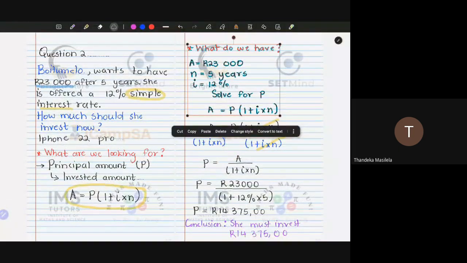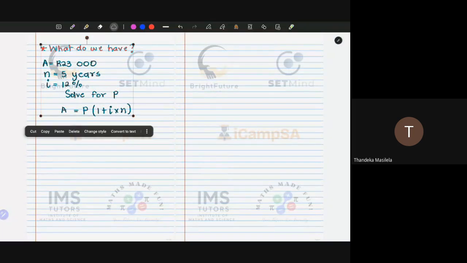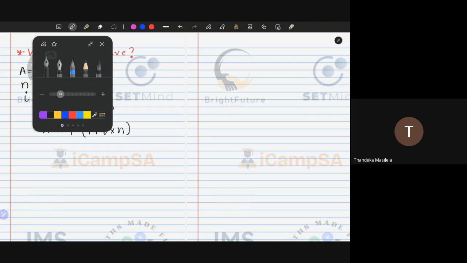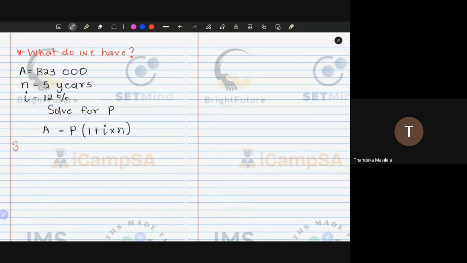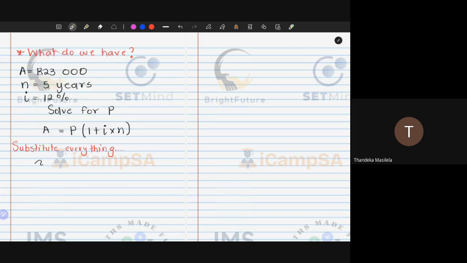Let's copy this here. So what she was saying was that she now knows what she has and she knows the formula she should use. So what she did was to substitute everything that she has. If you look carefully, we have the A, which is 23,000. So she puts that 23,000 equals P into 1 plus 12% multiplied by 5.